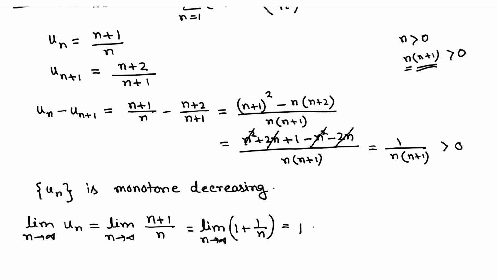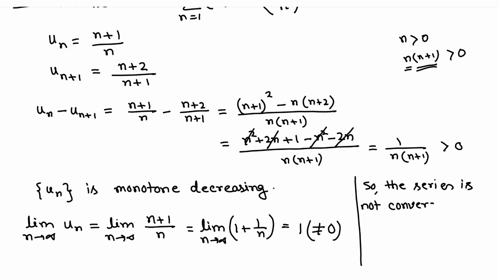So obviously this is not equal to 0. And I have told you, if any one of the two conditions does not satisfy, then the alternating series will be oscillatory. So the series is not convergent, that is, oscillatory.